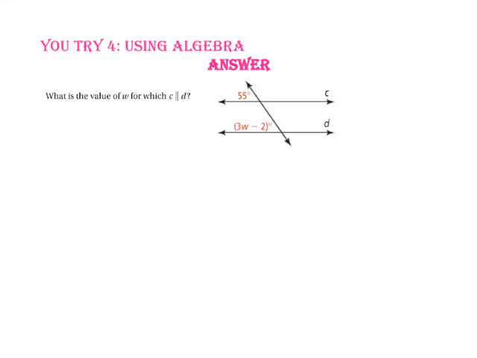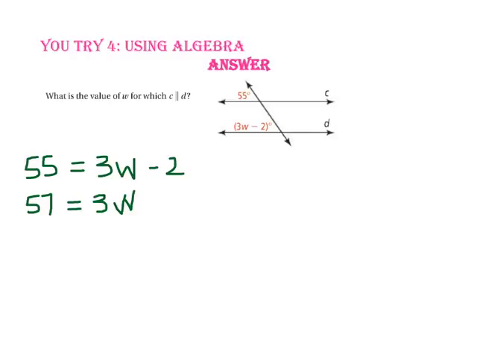What is the value of W for which line C is parallel to line D? Let's look. Since these angles are corresponding angles, they would have to be congruent if line C were parallel to line D. So let's start by setting 55 equal to 3W minus 2. We'll use the addition property of equality to get 57 equals 3W.